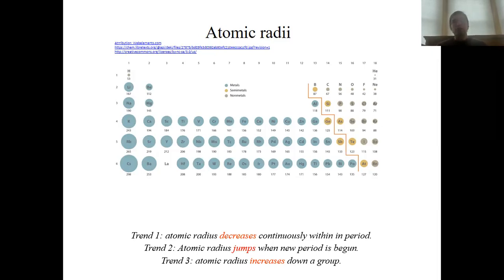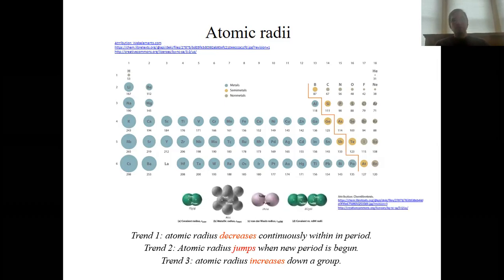There are different definitions of atomic radii, and I would like to discuss the most common definitions now briefly. Overall, there are three different definitions, or actually even four.